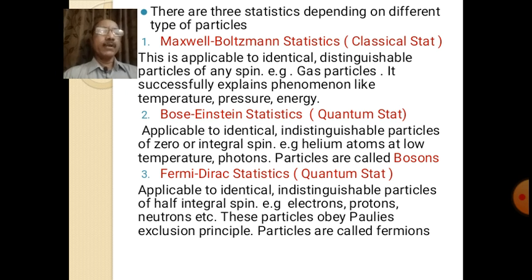For some kind of particles we apply BE statistics or Bose-Einstein statistics, and for some kind of particles we apply Fermi-Dirac statistics. Which type of statistics is to be applied depends upon the type of particles.